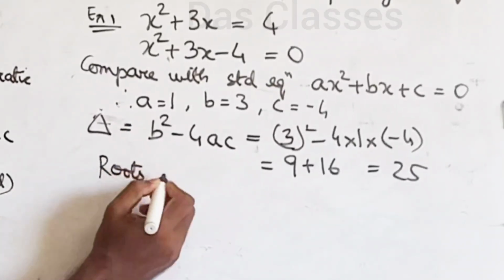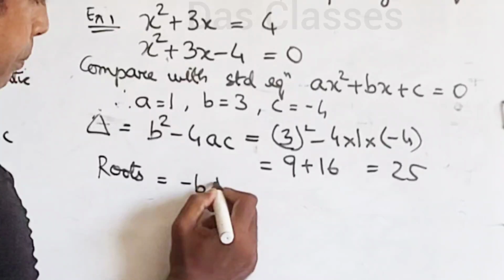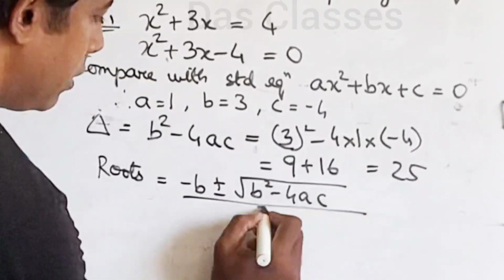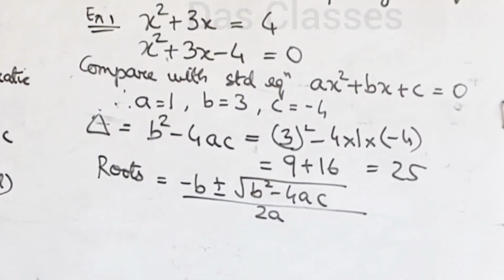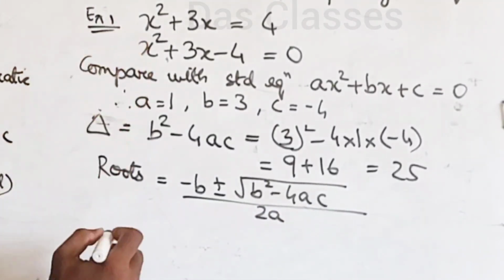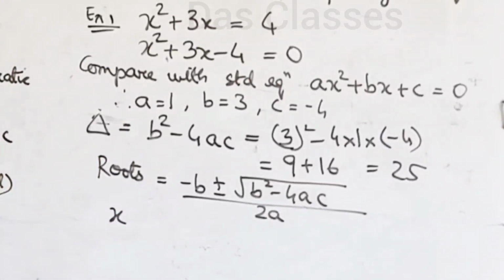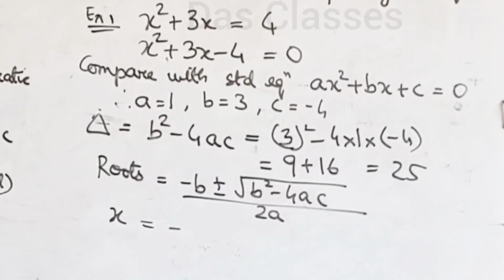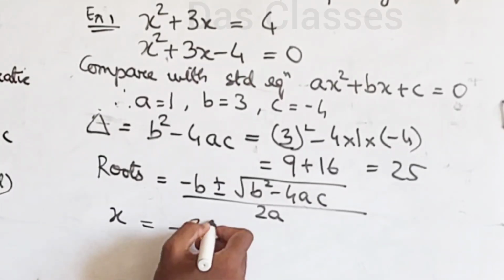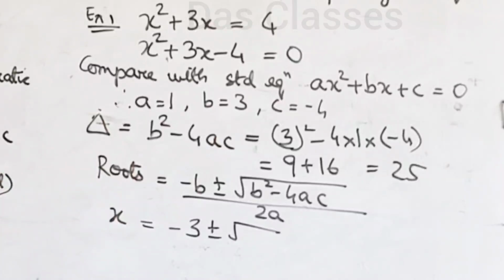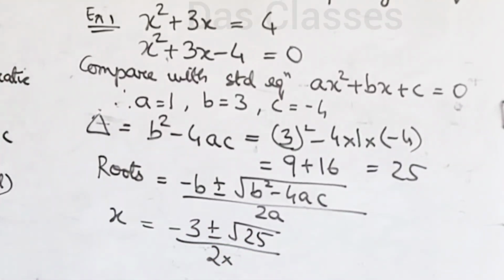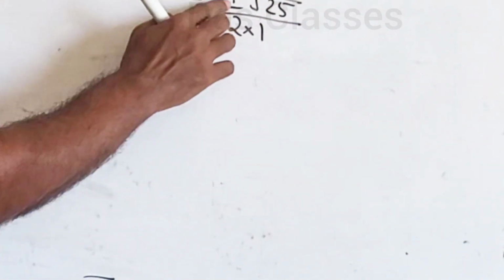Now once you get the discriminant, write down the formula of the roots. It is minus b plus minus root b square minus 4ac upon 2a. The variable we have used here is x. So x is equal to minus b, so put the minus sign, b is 3, plus minus root of b square minus 4ac, which we got as 25, upon 2 into a, whose value is 1. Now we can separate it, there's a plus and there's a minus.